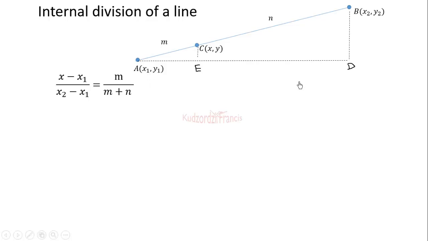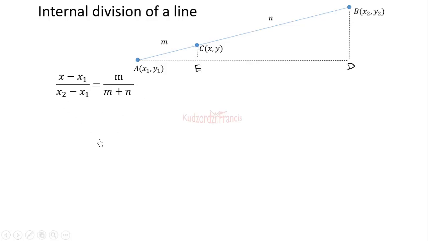Good. So that will be also proportional to the hypotenuse. So the hypotenuse of the smaller triangle is m, and the hypotenuse of the bigger triangle is m plus n.